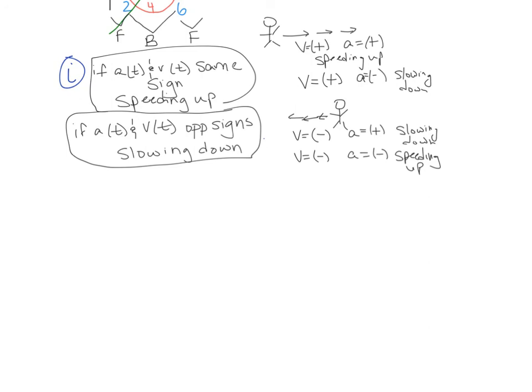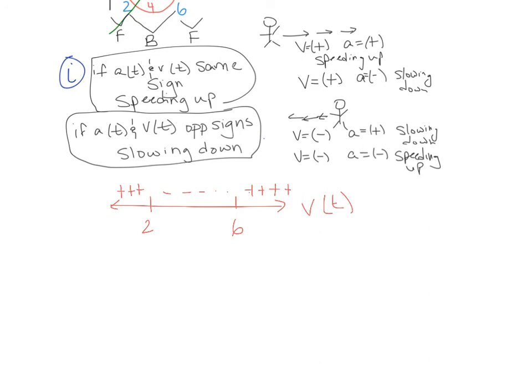So let's first start with the v of t. And I'm going to put these on a number line, and this is how I like to do this. This is v of t. And I know that 2 and 6 I have found here. This was moving forward, this was moving backwards, and this was moving forward.